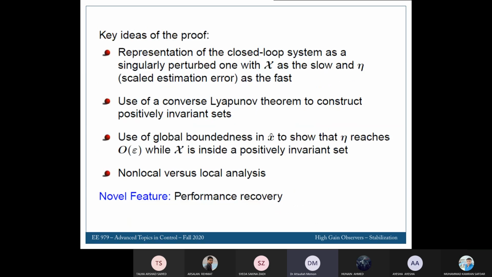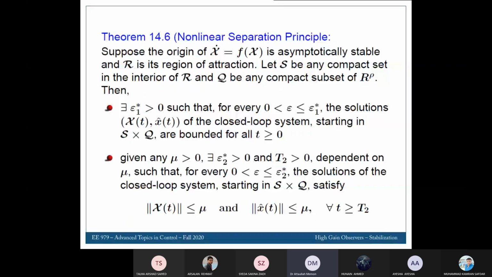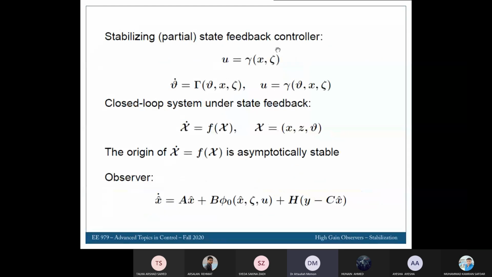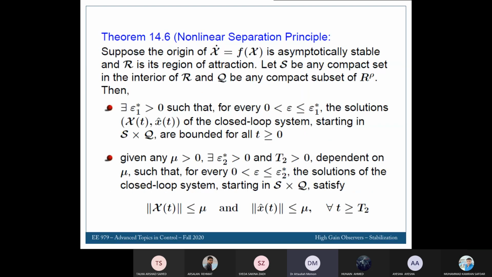Okay, just to summarize the result, the theorem says that if the origin of the state feedback system under the state feedback controller is asymptotically stable and R is its region of attraction, then there exists an epsilon.